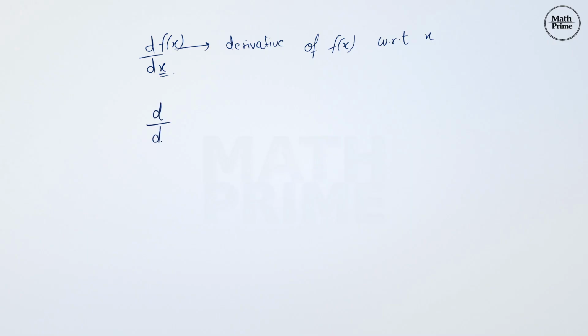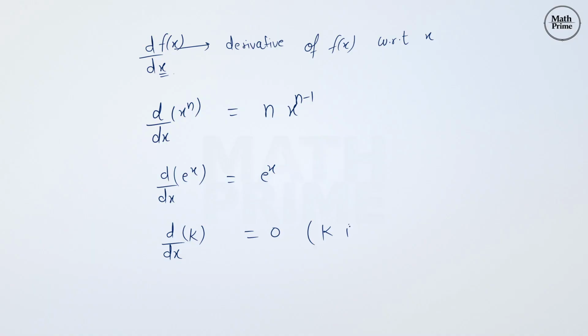D by dx of x raised to power n is simply n x power n minus 1. Now d by dx of e raised to power x is simply e raised to power x. D by dx of k is 0 if k is any constant.